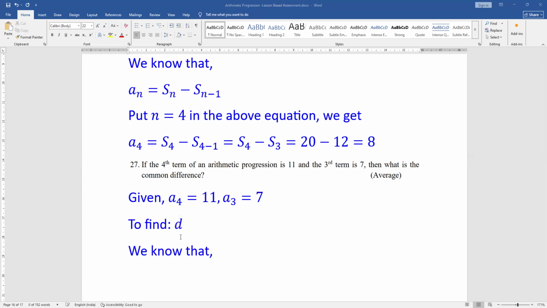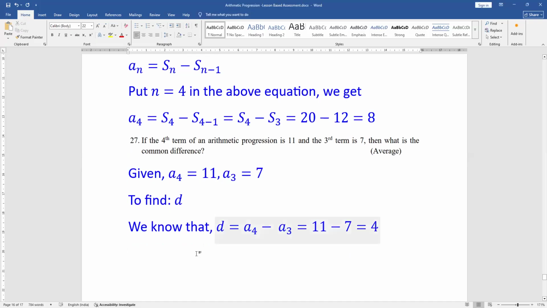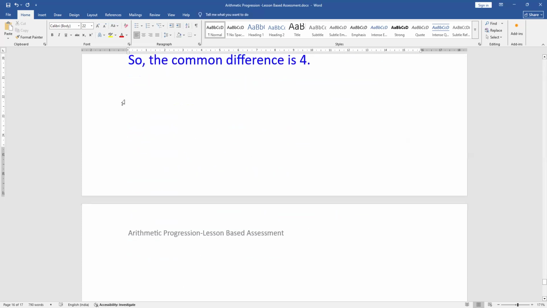D equals A4 minus A3. A4 is 11, A3 is 7. 11 minus 7 is equal to 4. So the common difference is 4. That's it.